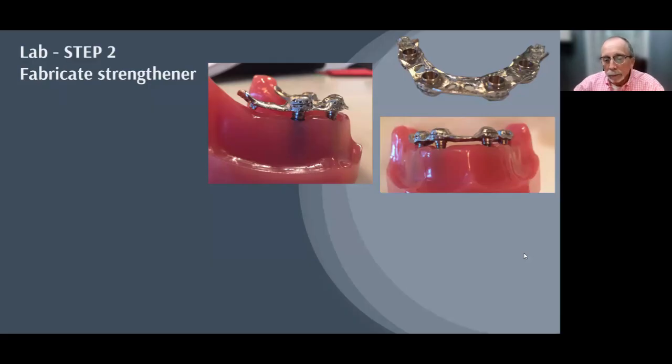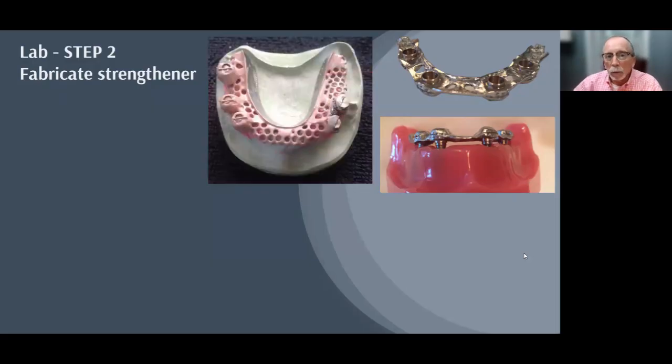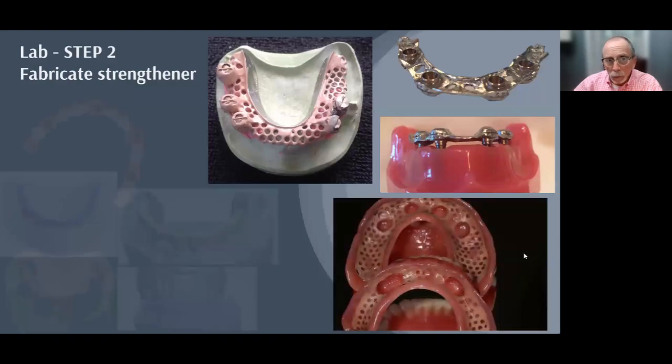Now, the guys at NDX have done some marvelous work finding other ways to make these strengtheners. I might show you a picture Tremaine shared with me at one time here in a second. But bottom line is we want to strengthen the restoration, and we would cast this, and this would go back to the dental office. In the dental office, we're going to take this strengthener, whatever it looks like.